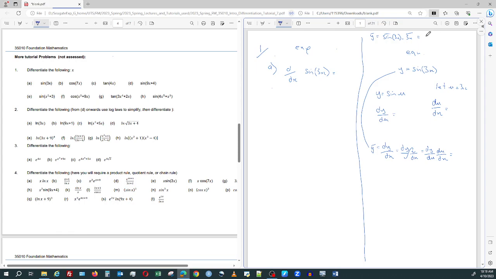So we get the differential of sine is cos, so 3 cos 3x is a shortcut. Now I abhor shortcuts, and I honestly don't encourage you to do it. And as we go on today in these videos, it'll become apparent why that's really not good enough.